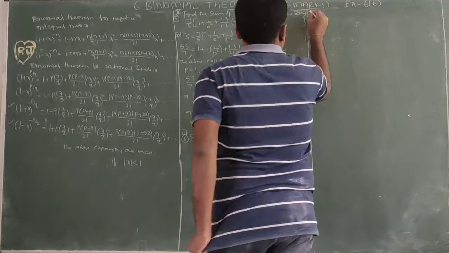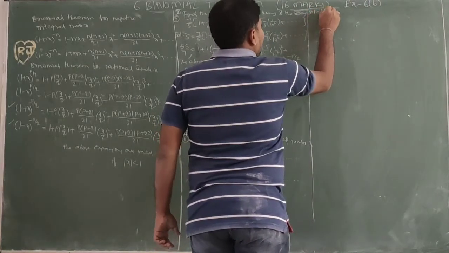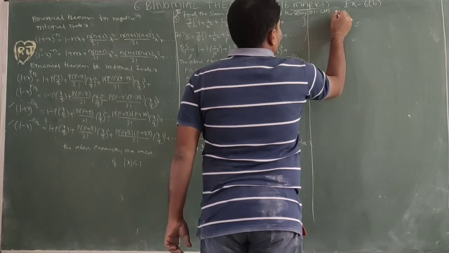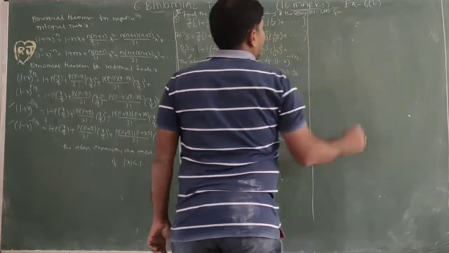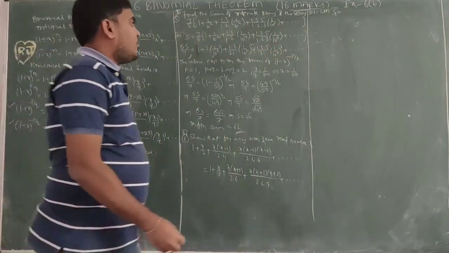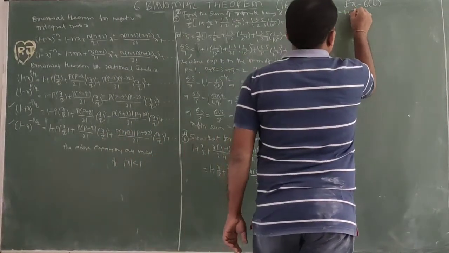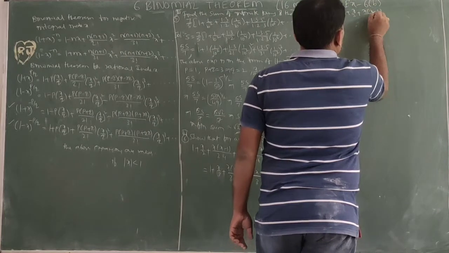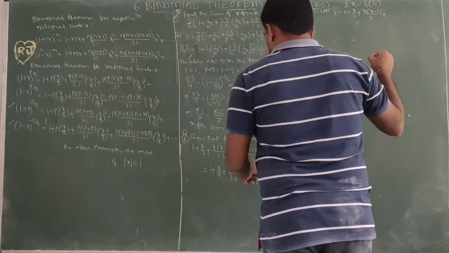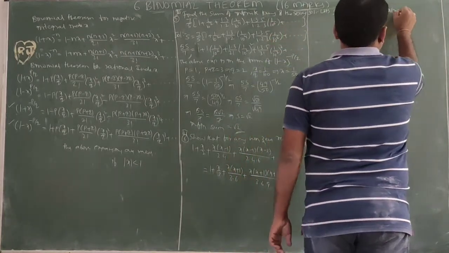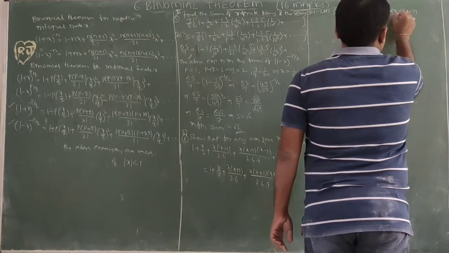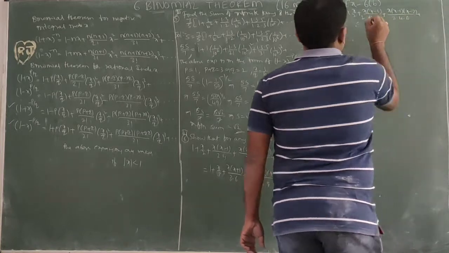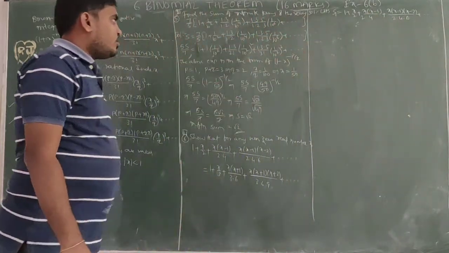Okay, solution. I am taking the LHS, S1. S1 = 1 + x/2 + x(x-1)/(2·4) + x(x-1)(x-2)/(2·4·6) + ... up to so on.